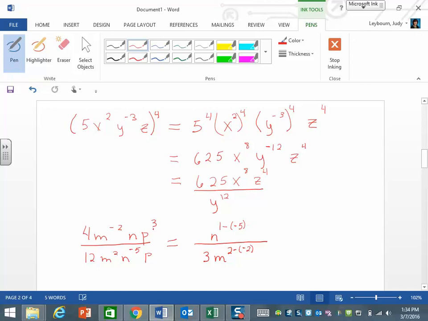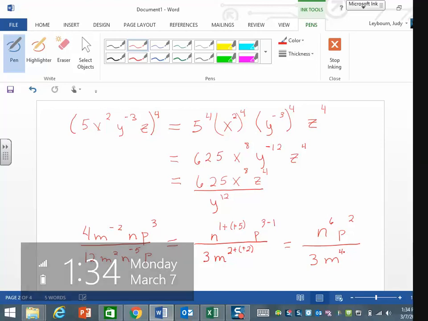And for the p's, I have a larger exponent in the numerator, and so it's p to the third minus 1. And so now I can say n to the sixth, p to the second, all over 3m to the fourth.